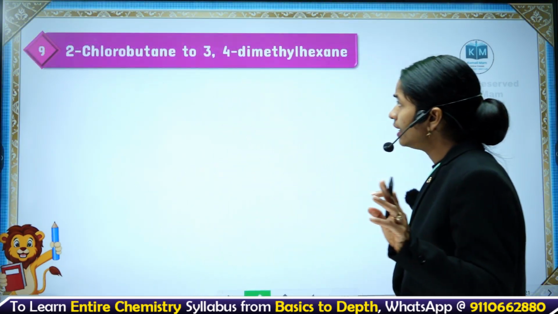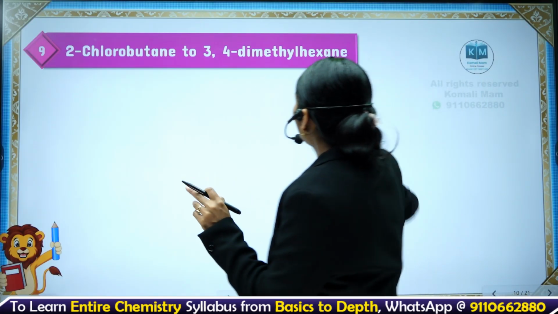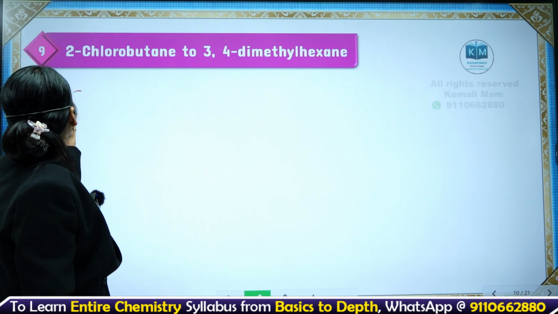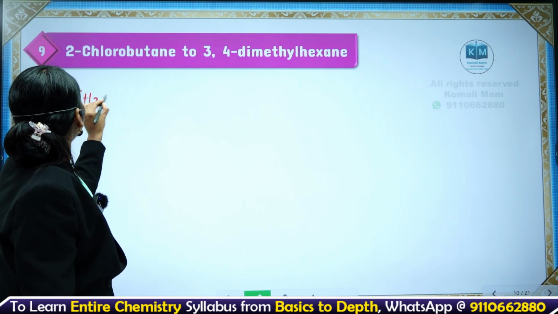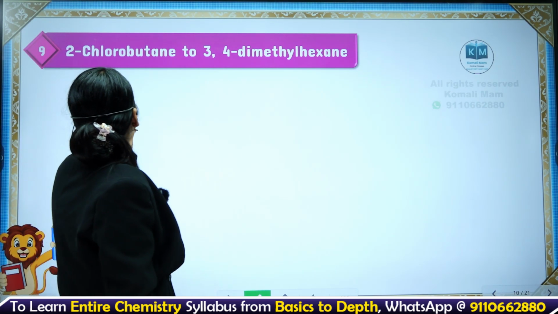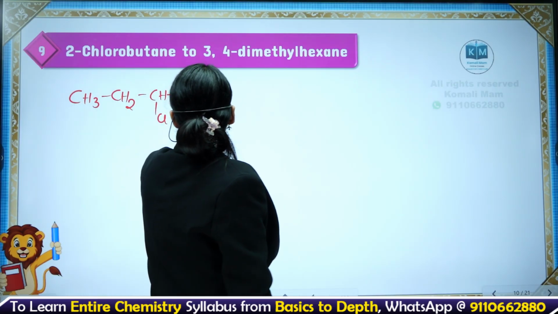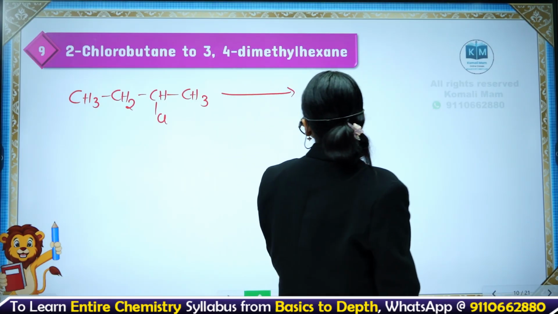Correct? Next, 2-chlorobutane to 3,4-dimethylhexane. First write the structure. 4 carbons, right? This is 2-chlorobutane. Next, how should we convert?